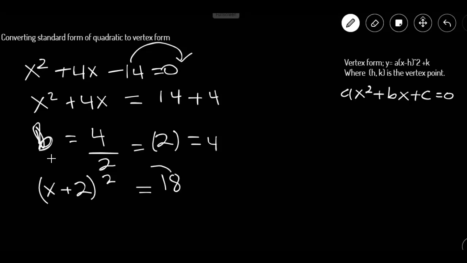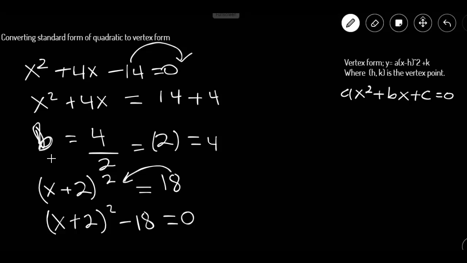And then after that, we bring it back. So you see now we are getting the procedure, so it's quicker once you get the rhythm. And then it becomes negative 18 here, equals 0. So now we have been able to get the vertex form of this standard quadratic equation.